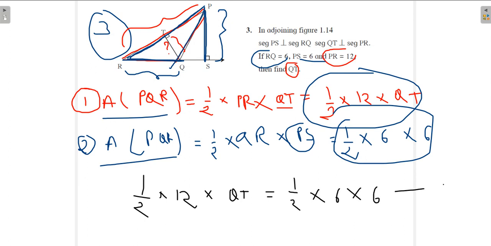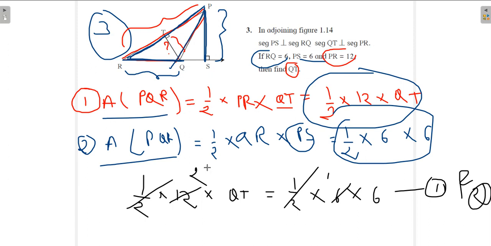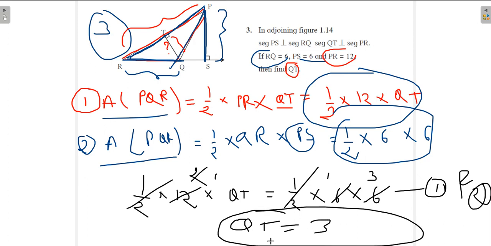The reason is from 1 and 2. So half and half cancel, 6 1s are 6, 6 2s are 12. This 2 is in multiply, so it will be in division. 2 1s are 2, 2 3s are 6. So QT is nothing but 3, and this is my final answer.